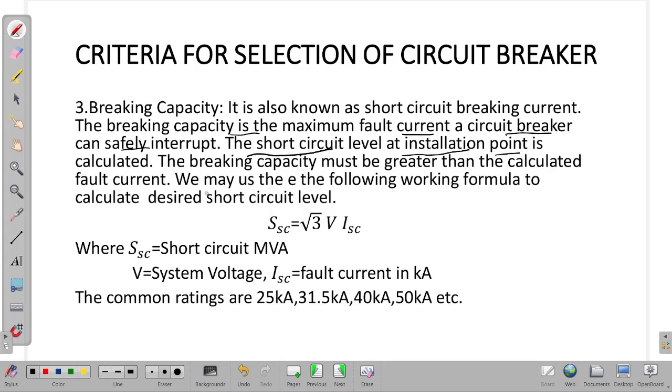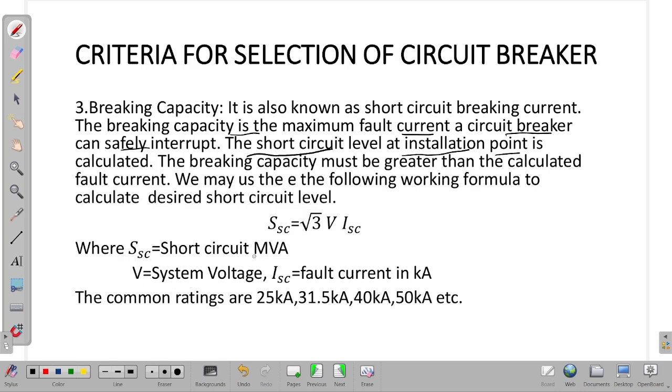We may use the following formula to calculate the short circuit level. The short circuit MVA is equal to root 3 times V times ISC, where ISC is the fault current in kiloampere and V is the system voltage.